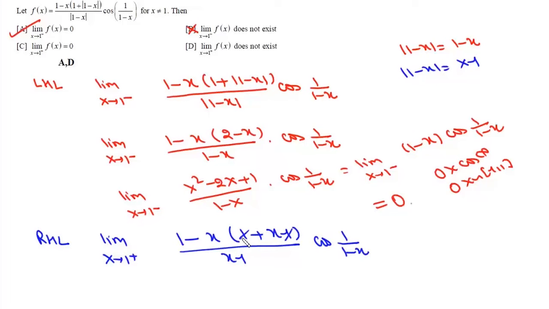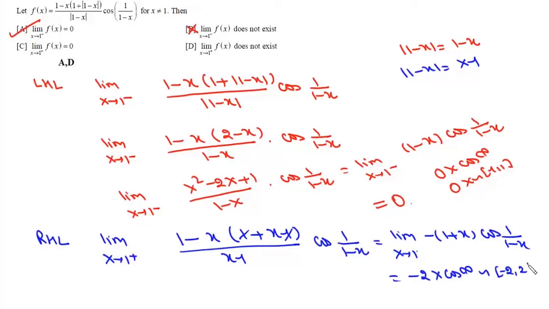Now here 1 and 1 will cancel. Now this is 1 - x², so we can write this as this limit x tends to 1 positive (1 + x) into cos(1/(1 - x)), which is 2 into cos infinite, which is an oscillating value from -2 to +2.